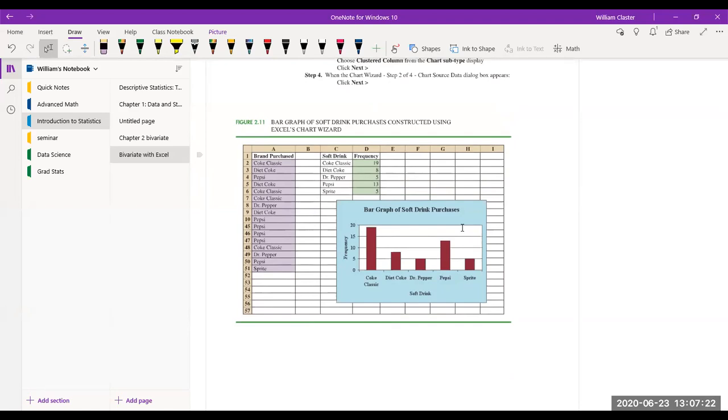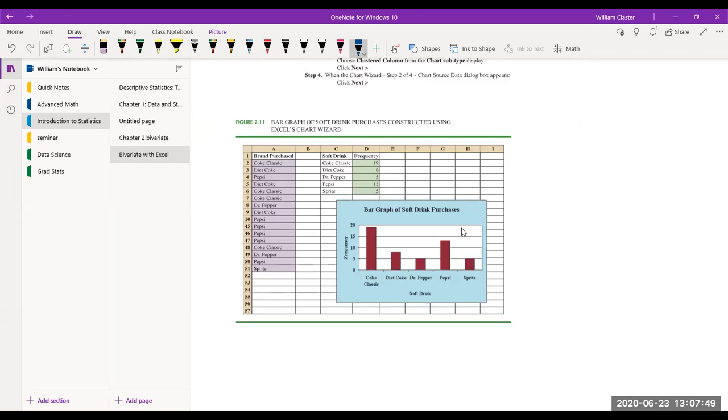How many variables are we dealing with? Isn't it two? What are they? I don't see two, but if you tell me, what are the two? There's only one, and it's frequency. No, it's soft drink.